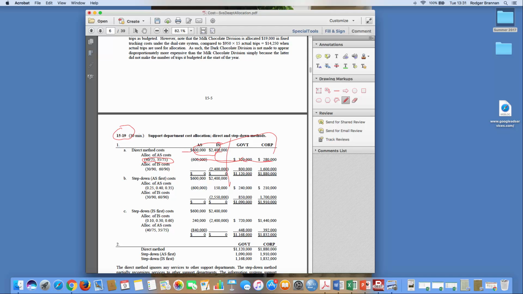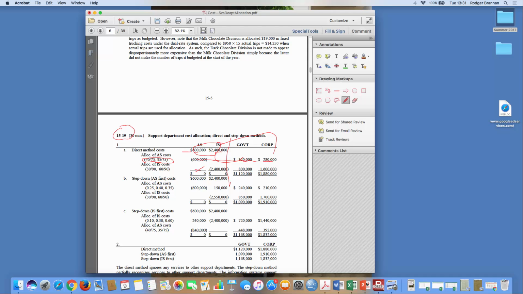Okay, and then essentially do the same thing with the information services, that this is being done on the basis of computer time, that IS provides about 10% of its work to administrative services, 30% to government, and 60% to corporate. So now in this particular case, we're going to ignore the 10% over here, like we did over here.